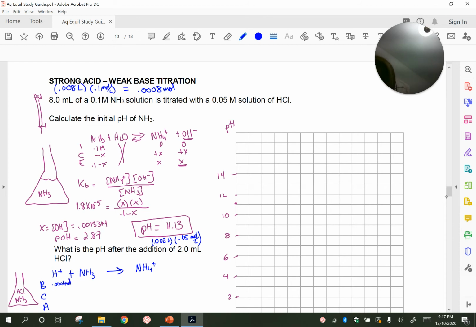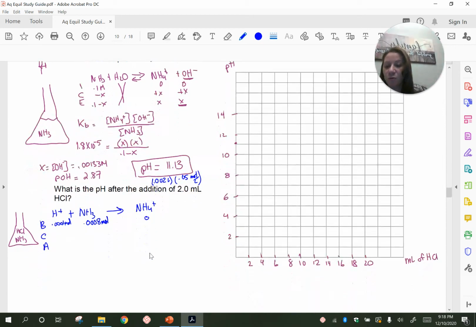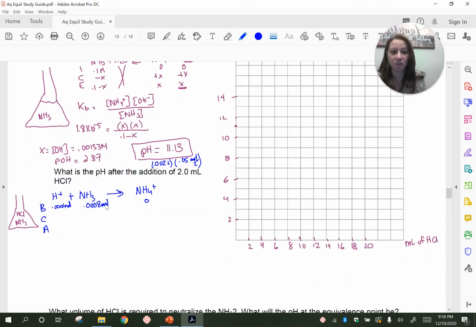0.0001 moles. And we said our ammonia is 0.0008 moles. We don't have any of this to start. So when you're doing the BCA table for a reaction that goes to completion, you check which one is your limiting reactant, which one's your excess reactant. So they are a 1-to-1 ratio. And so you are going to look and see.